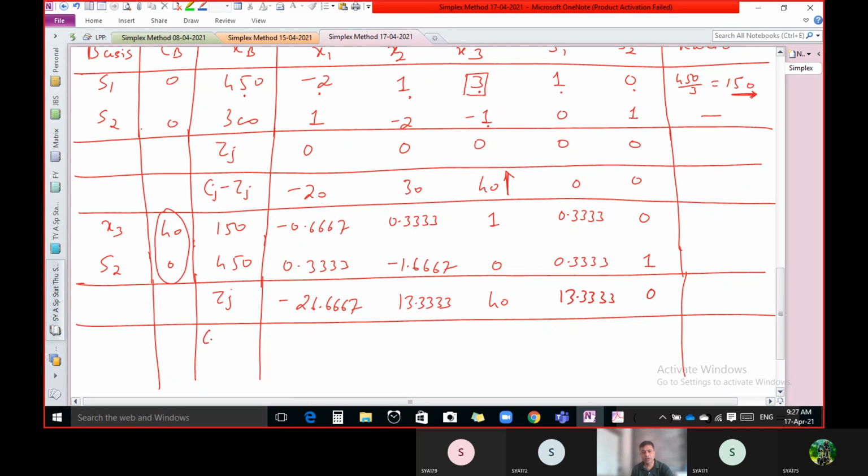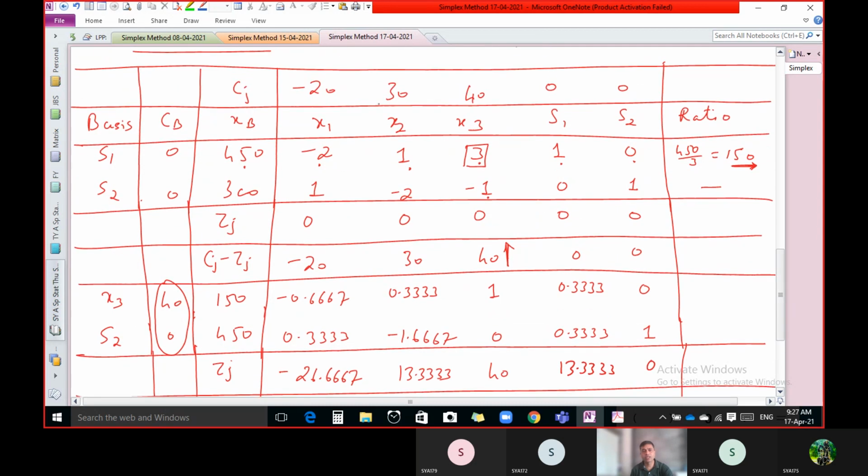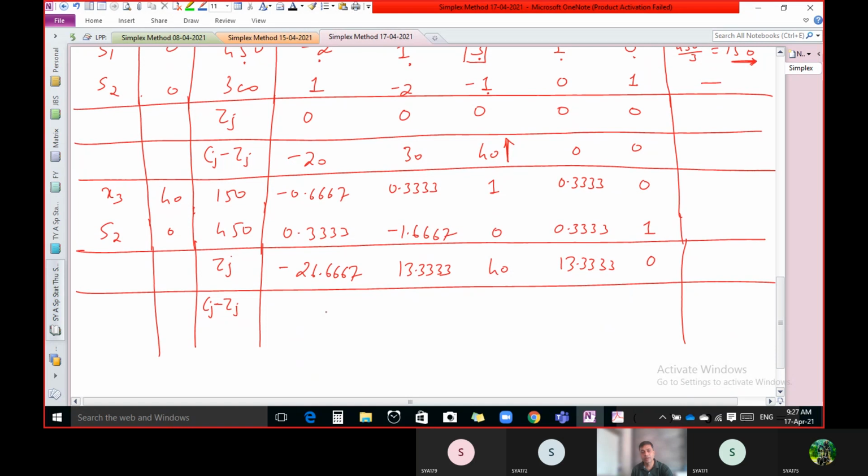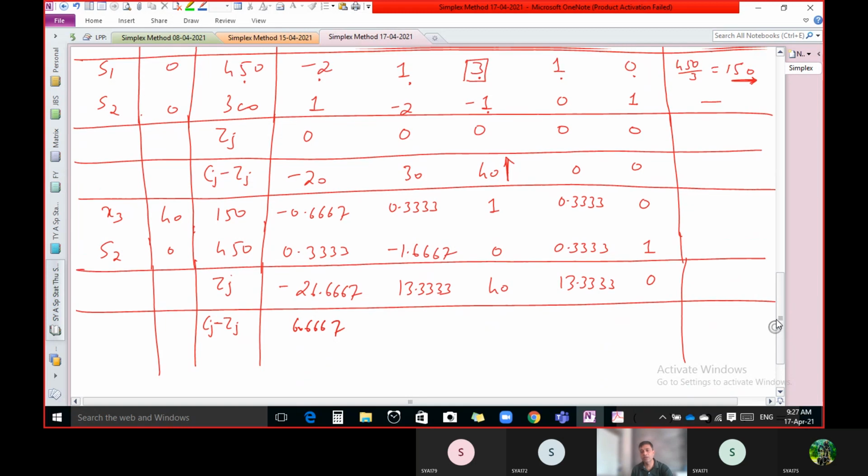Once we have this, we have to calculate Cj minus Zj. What is the value of Cj? Check it. Minus 20. Minus 20 minus minus, so minus 20 plus 26.66666. So ultimately we get plus 6.66667. Then the next value.